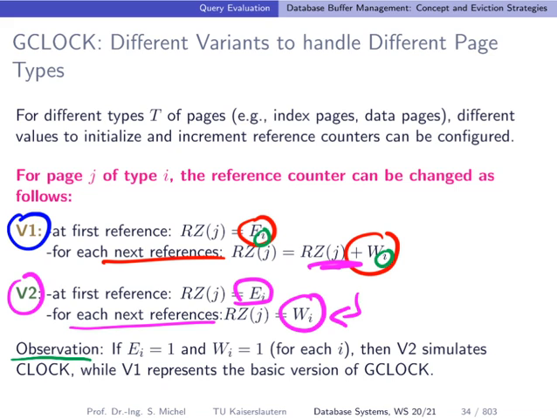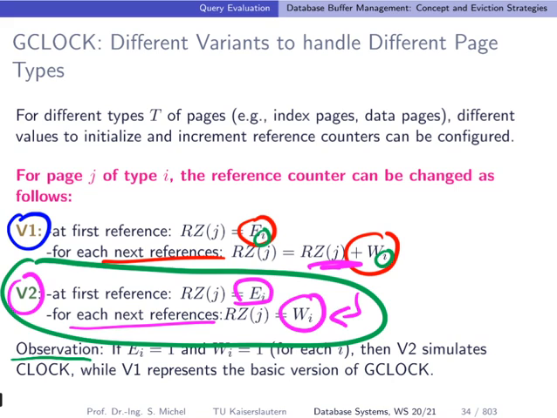Now, how does this resemble the basic version of clock? In the very initial one, we had this 1 bit at insertion, and we would always reset it to 1. We would never count it up or sum it up. So this is the version that corresponds to the initial clock if we put a 1 here and a 1 here.